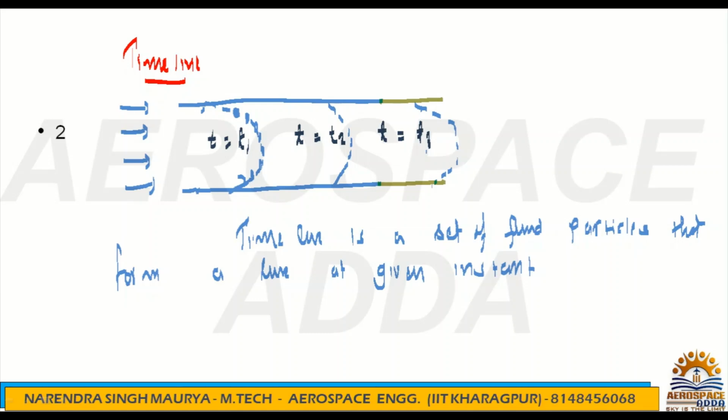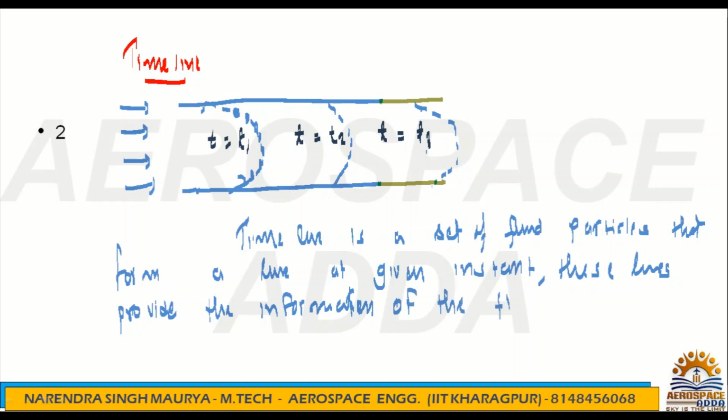These lines provide the information of the flow field.